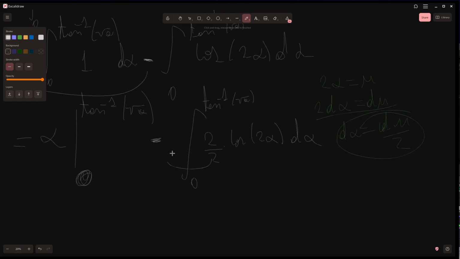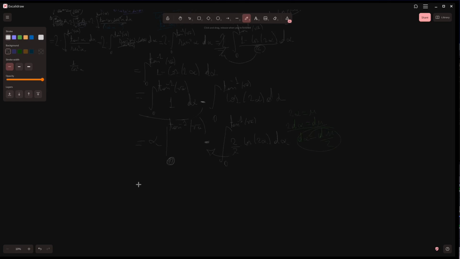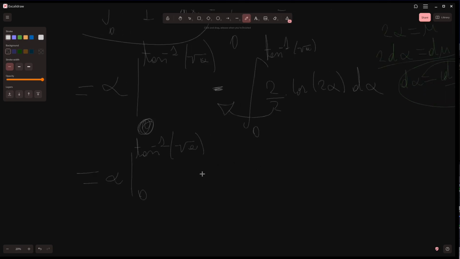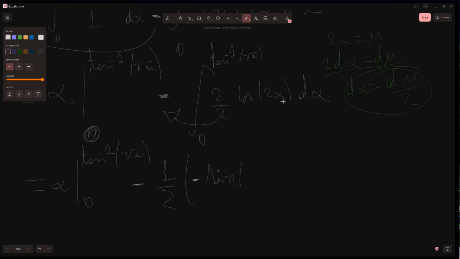Yes, we can move this outside. So this is equal to alpha from 0 to arctangent, minus 1 over 2, and that integral should be minus sine of the angle, I think, like so, plus c.